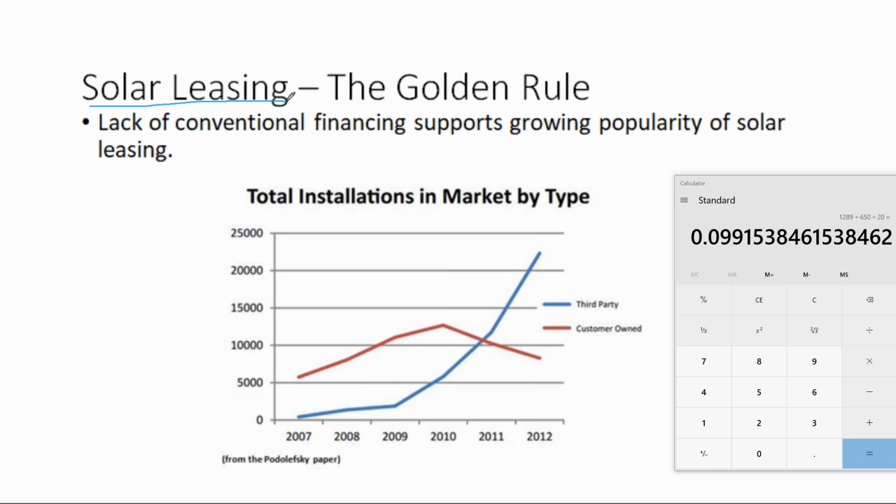They're just paying you instead of paying their electric bill, but they're not the owner. They're not claiming the tax credits. They're not making the money off of it being a good investment. They're not paying for it up front. If it's a shorter lease, then the third party owner is actually the owner.